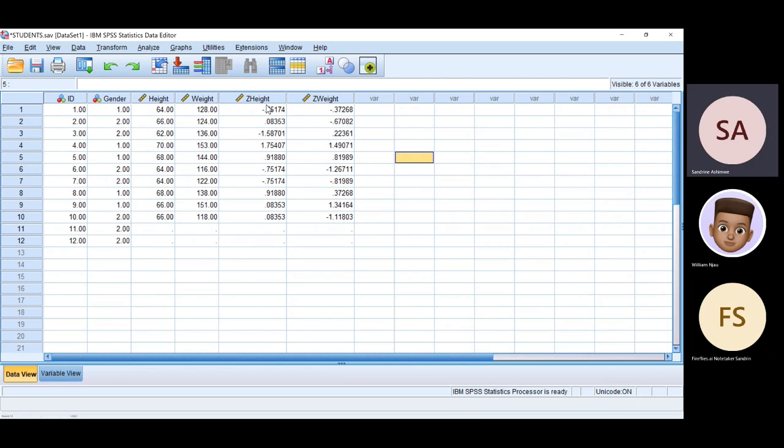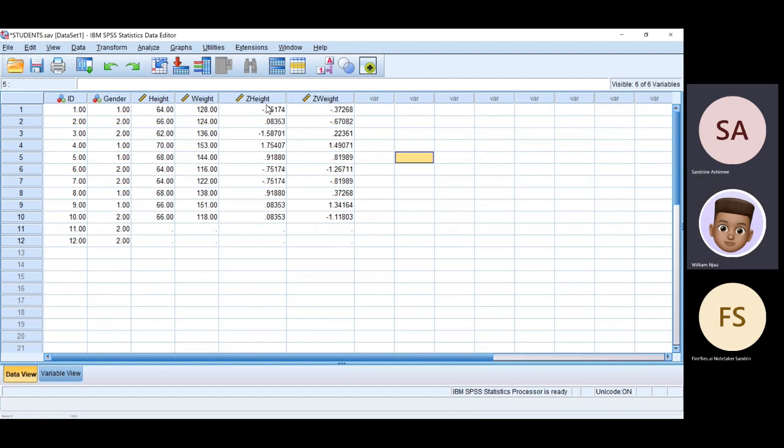The other thing I want to highlight before we do is, remember we had missing data, right? When you're running a correlation, you don't need to be concerned about the missing values. SPSS will just ignore them. If something is missing, it will just ignore.